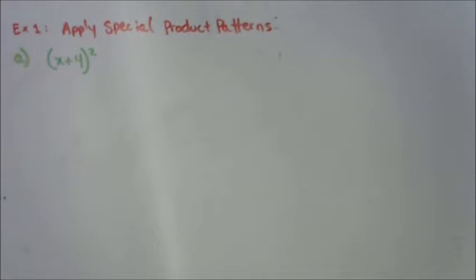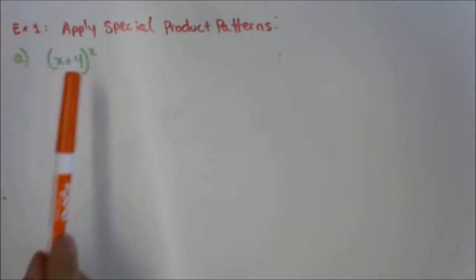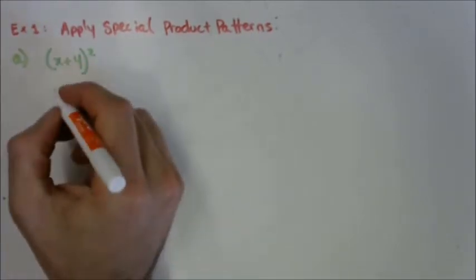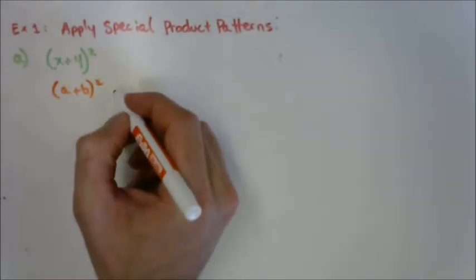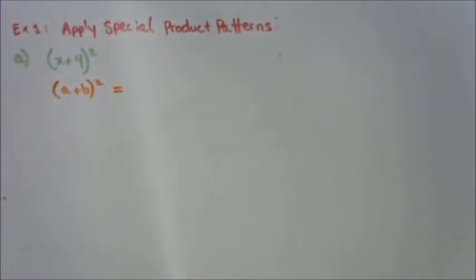Can you identify anything special about that? What is it? It's a binomial squared. Okay. So I think that means that it takes the pattern a plus b squared. And we have a rule for that pattern.